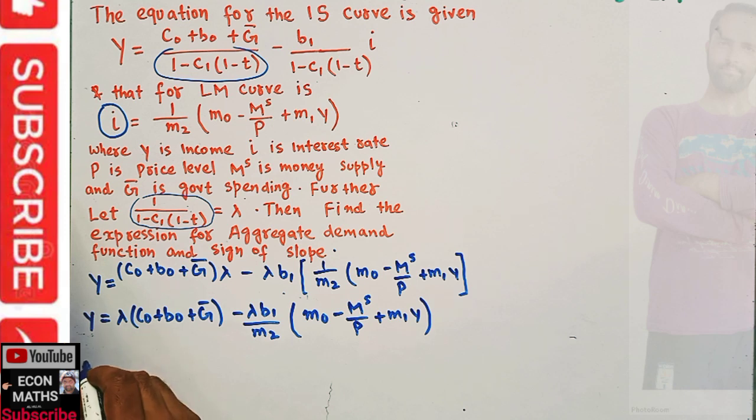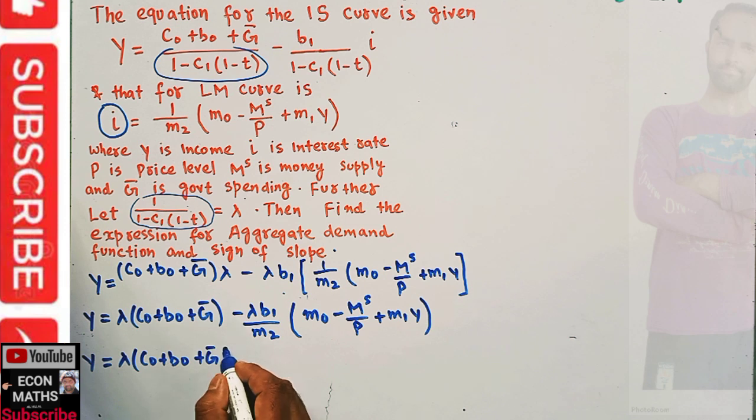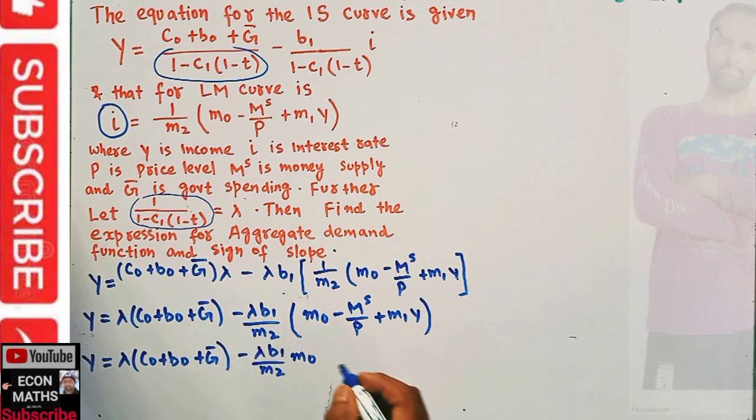Then we can further write Y equal to lambda (C0 plus B0 plus G bar). Multiply this term to these terms: minus lambda B1 upon M2 into M0. Then minus minus is plus.